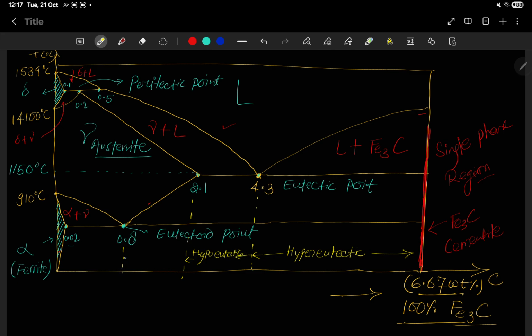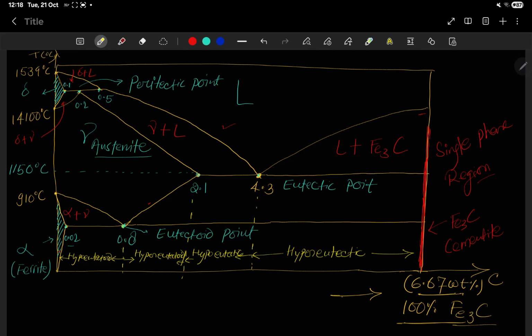Hypoeutectic region, and this is eutectic point. So what will be ahead of this? This will be hypereutectoid region, and what will be before this? This will be hypoeutectoid region.